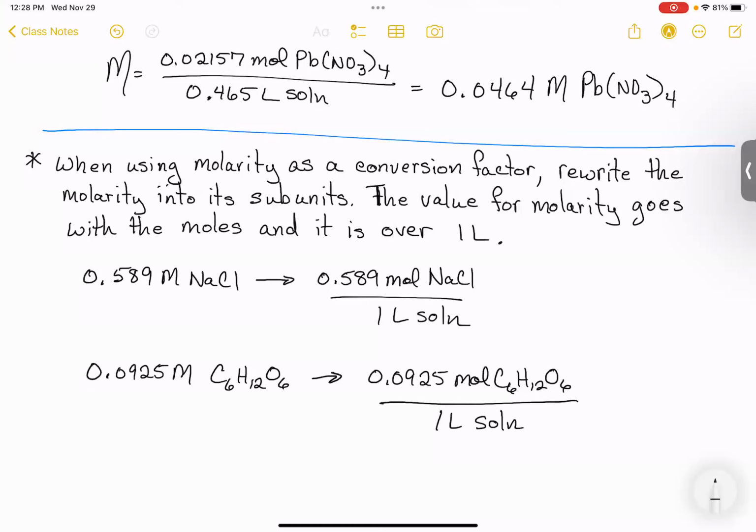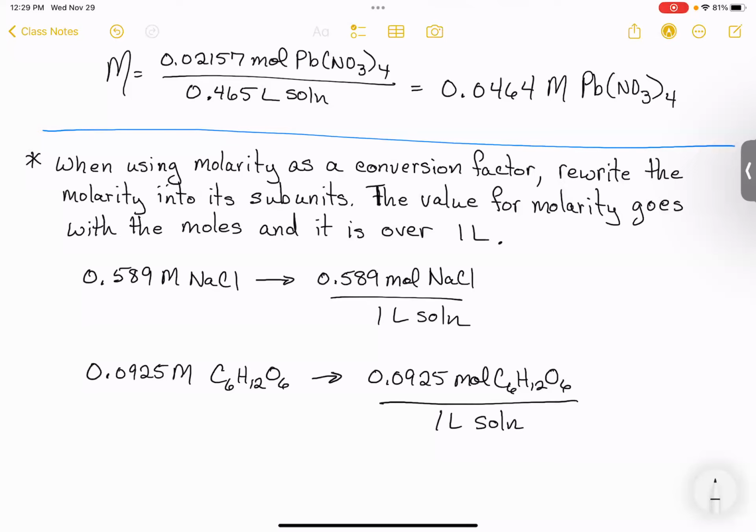Now, when performing a conversion, as you noticed, I've always taken whatever I am working with, and in my next conversion factor, that unit is in the denominator so that it cancels out.